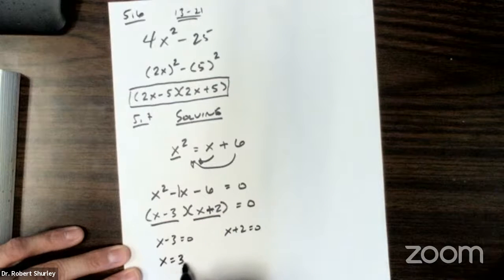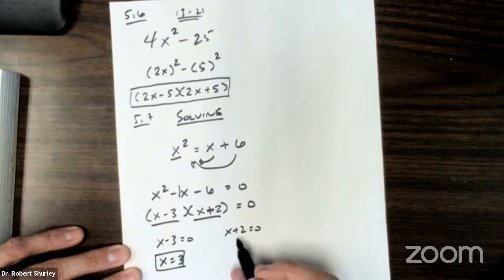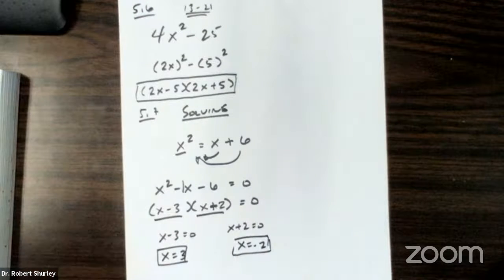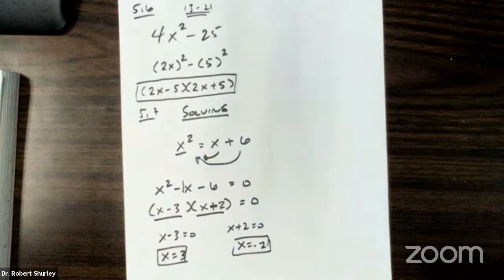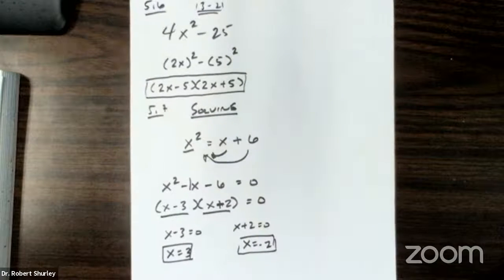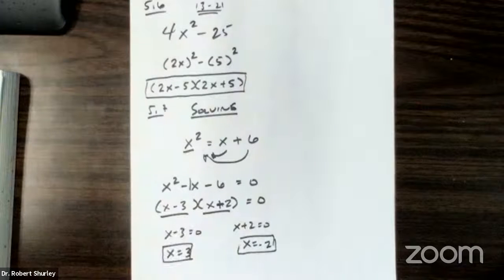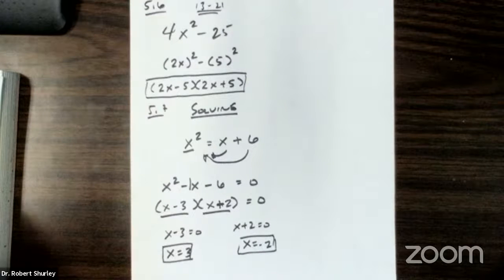And we get x equals 3, right? Add the 3 over, subtract the 2 over. And x equals negative 2. So that's a basic example of solving. A very, very basic example. Now, you need to go through and look at those questions because there's a lot more in that solving section, but that's just a very basic example of it.